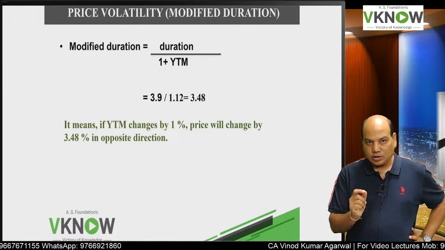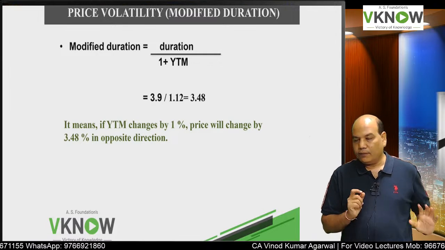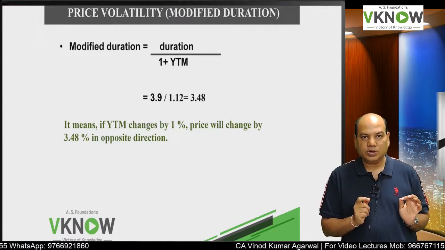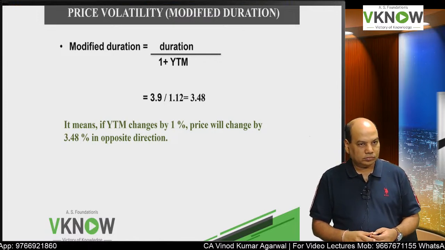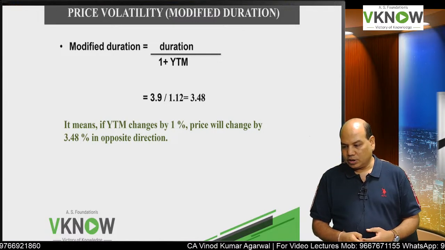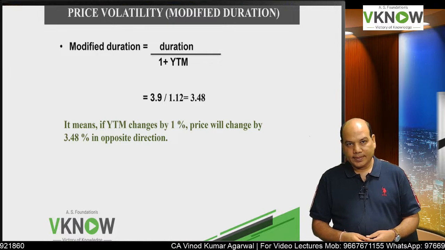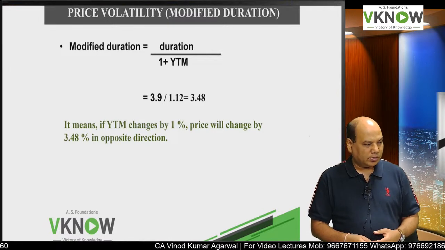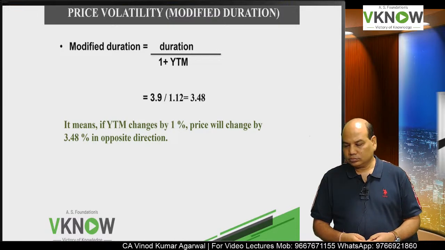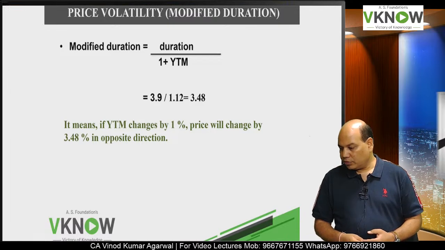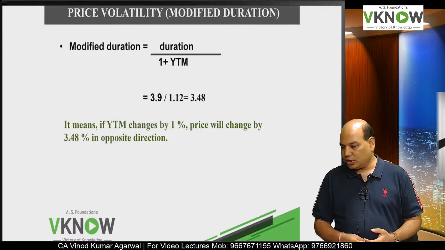It means, write down, if YTM changes by 1%, bond price will change by 3.48% in opposite direction.